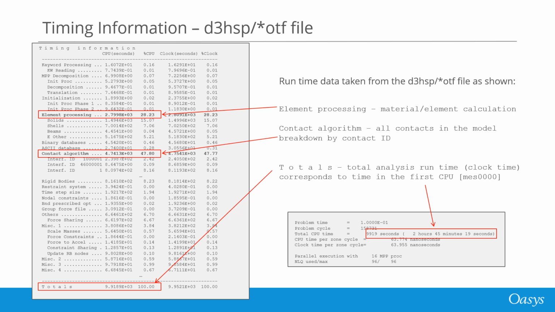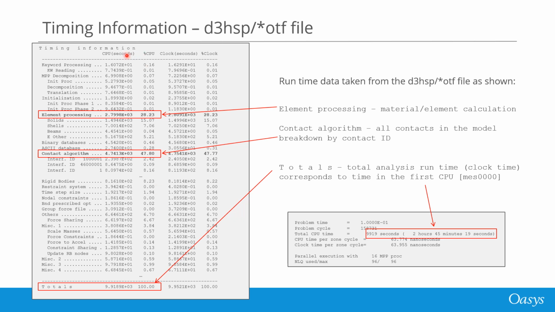Whether it is spending an unusual amount of time in contact or on element processing. Now this information generally sits in the OTF files. You can find the timing info in the table near the end of the file, which shows the breakdown of the analysis on different tasks.